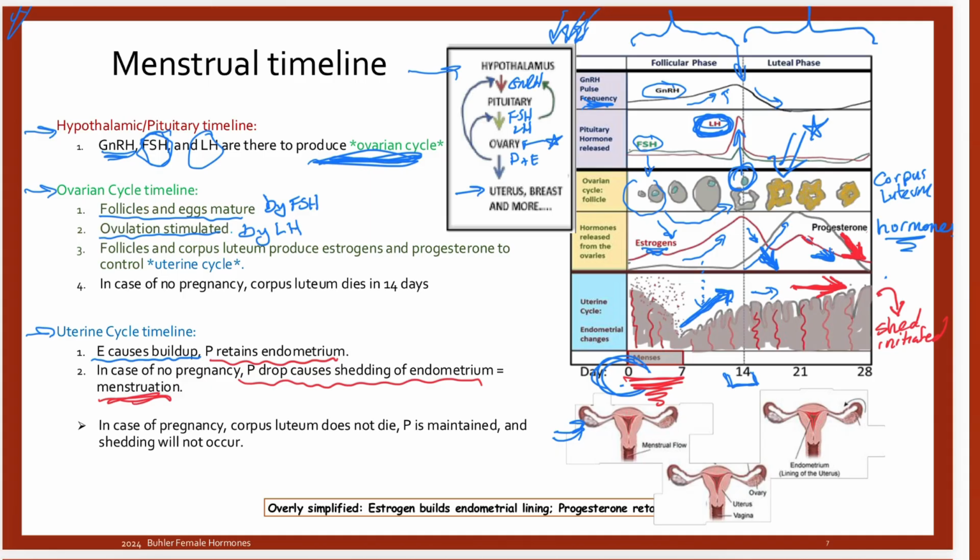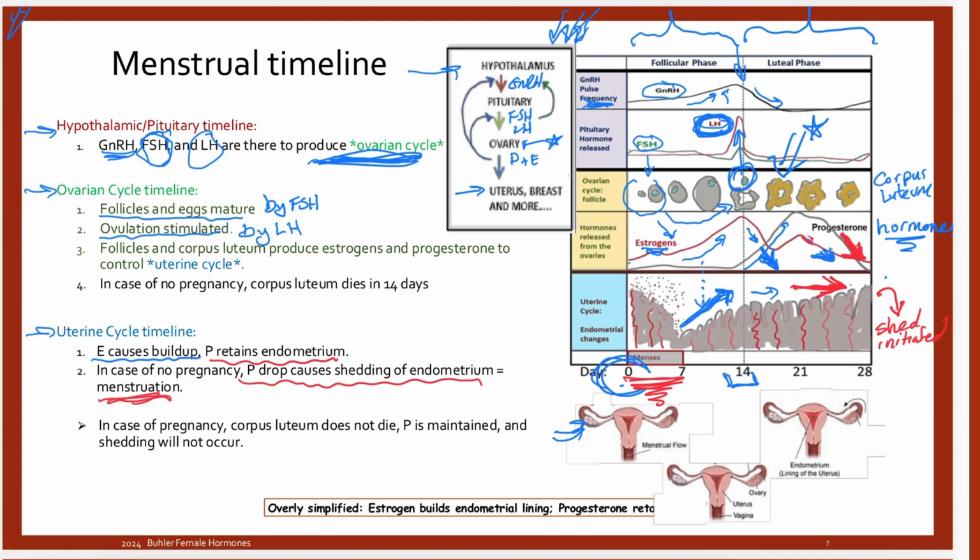This is a complex cycle, but to me, you have to think of it as 3 different things happening. Each of them are controlling the other. So you're starting with the hypothalamic pituitary, you're going to the ovarian, and then you're going to the uterine. That's key. Estrogen's going to build, progesterone's going to maintain. And so progesterone goes down, shedding happens.